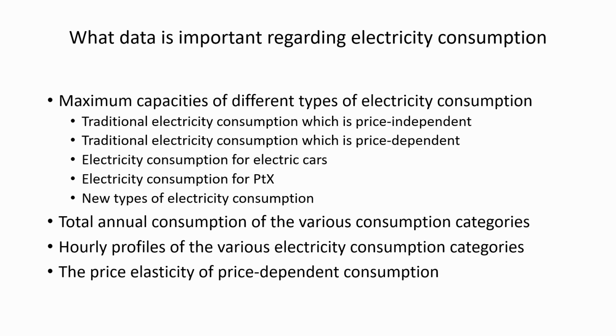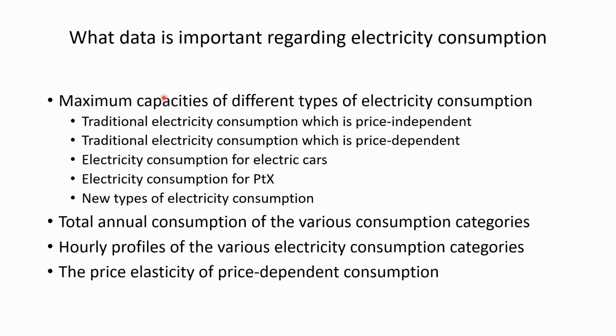So you also need to know the maximum capacity of electricity used in electric cars and in power to X, where you use electricity in order to produce hydrogen, and in all the new types of consumption.